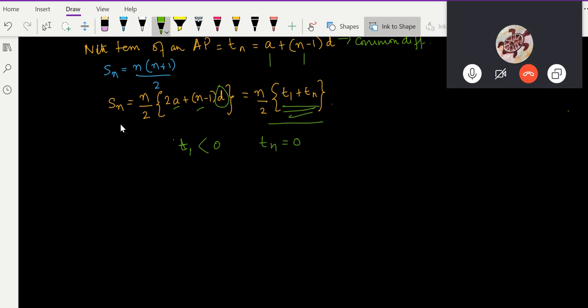Find the sum of 2n minus 1 terms. So how will we do it?